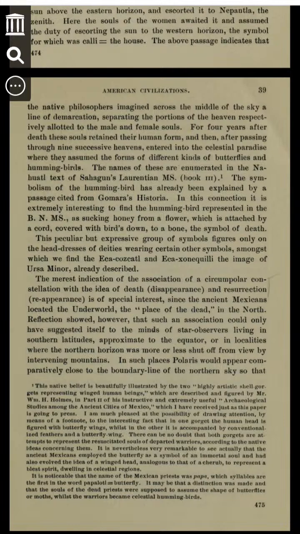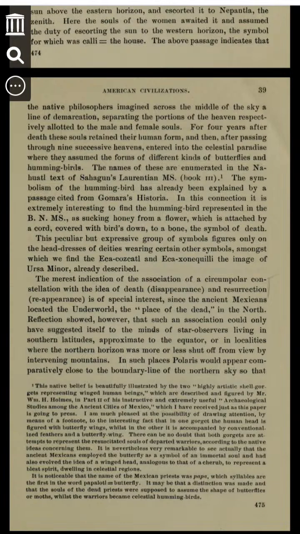The merest indication of the association of a circumpolar constellation with the idea of death, which is represented as disappearance, and resurrection, reappearance, is of special interest since the ancient Mexicans located the underworld, the place of the dead, in the north.